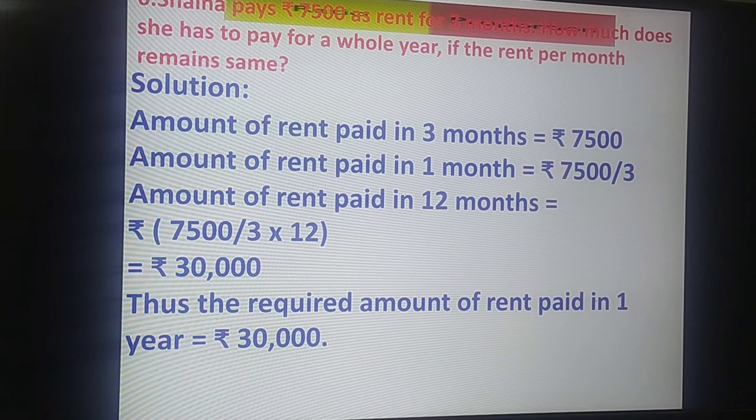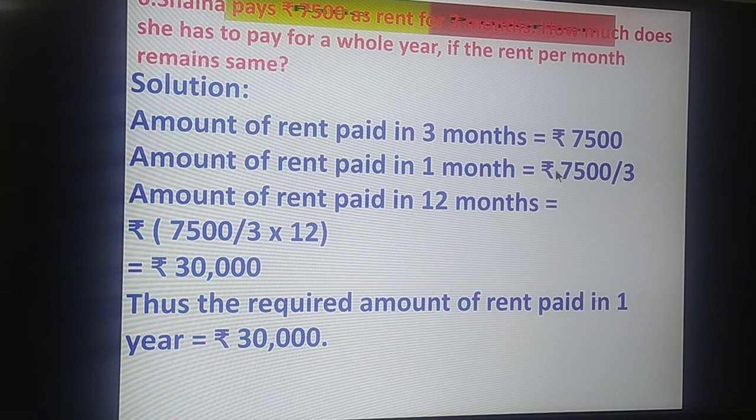Shana pays rupees 7,500 as rent for 3 months. How much does she have to pay for the whole year's rent, if the rent per month remains the same? 7,500 is the rent for 3 months.